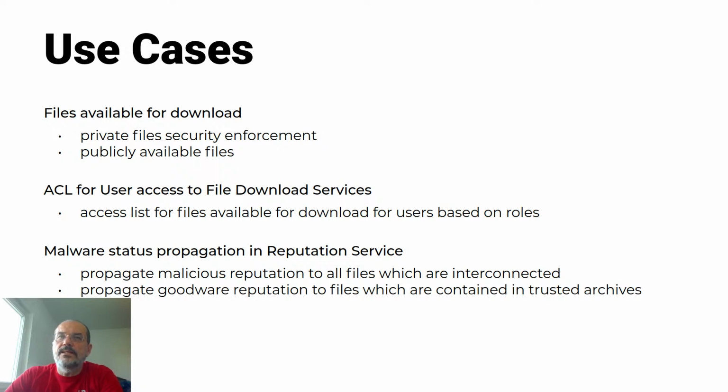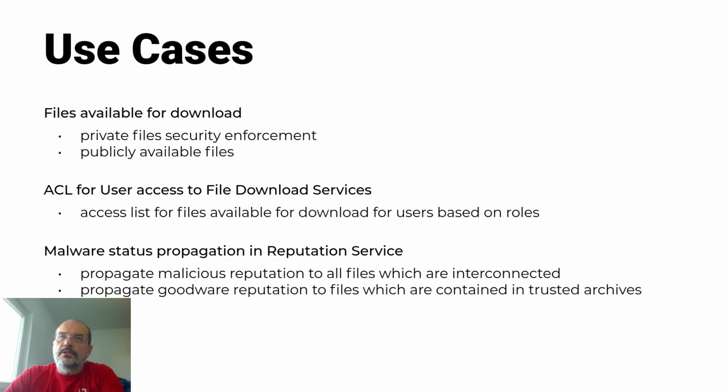The other use case is access control list for file download services. So they are role-based, and our users have to be able to download files in a secure way.